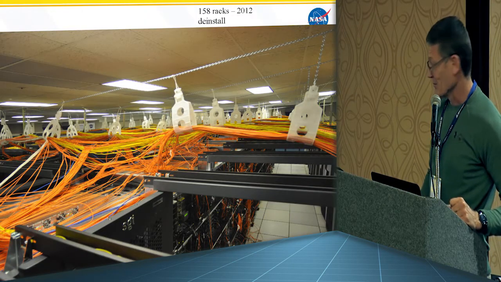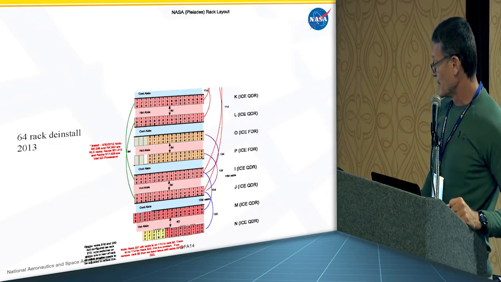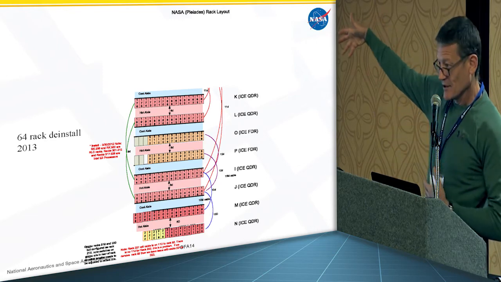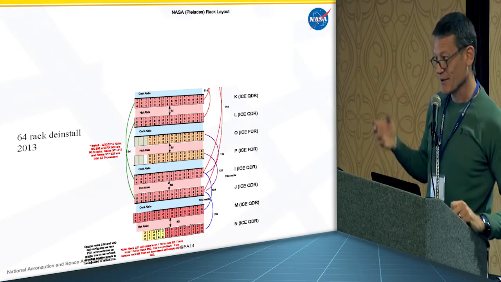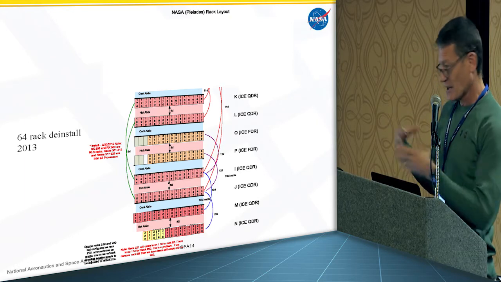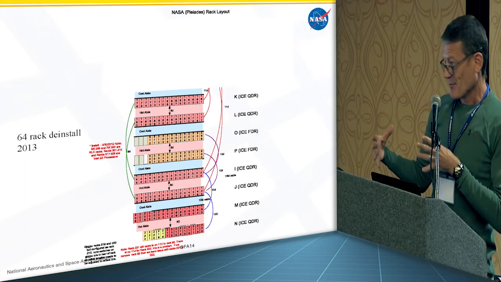Lots of InfiniBand cables. So at this point, when we deinstalled those 64 racks, all the original Pleiades system is gone. So it's all been replaced at that point. So we talk about Pleiades, it seems to be old, but at this point it's all migrated forward.